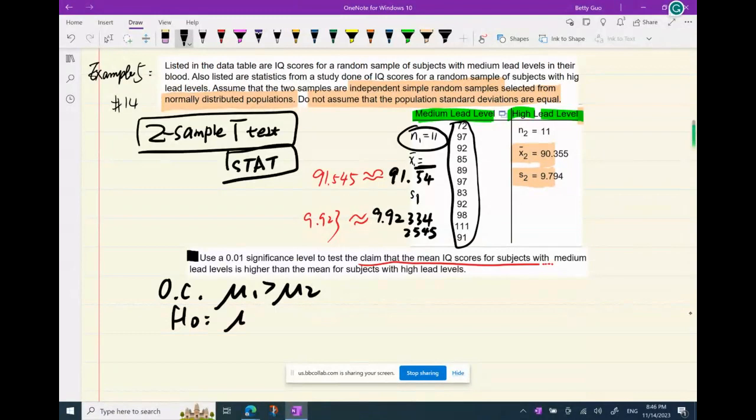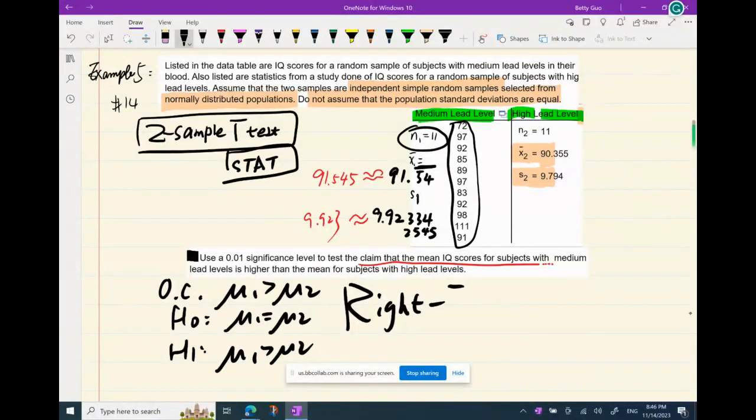So our null is equal, our alternative is bigger than, so this is a right tail test. We select bigger than mu2, confirm it, no pool, and calculate.